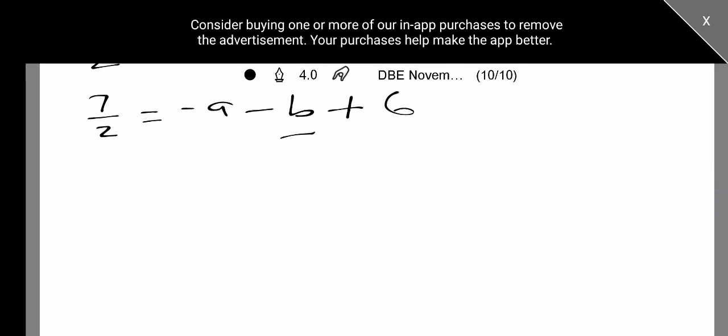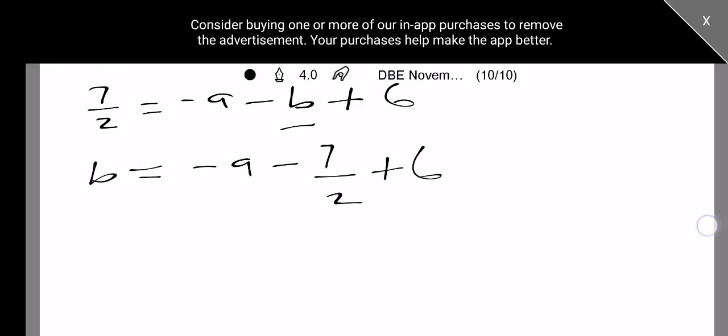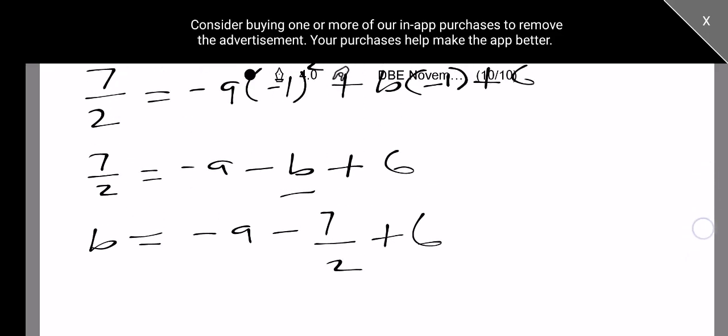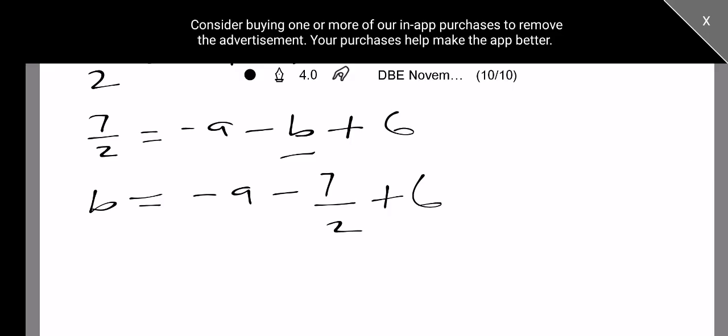Take b to this side and 7/2 to the other side. So b is going to be equal to -a minus 7/2 plus 6. You can work that out to confirm. Let's make this our equation 2.